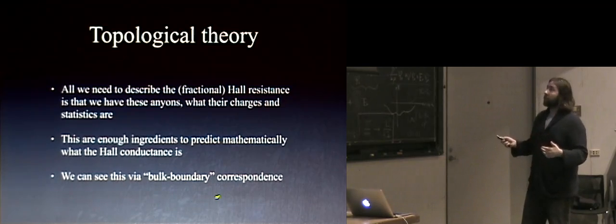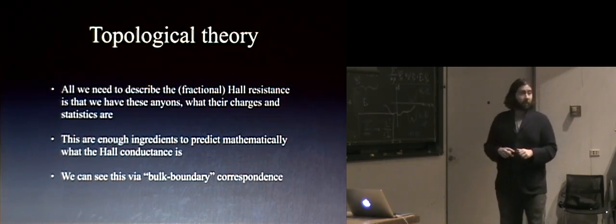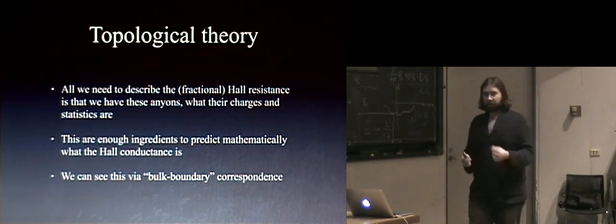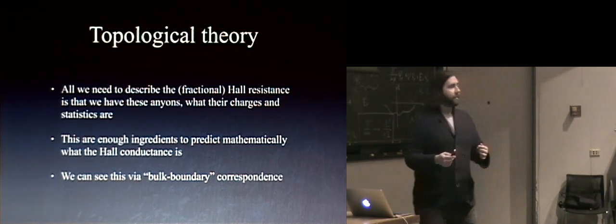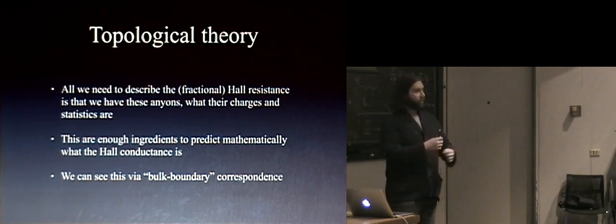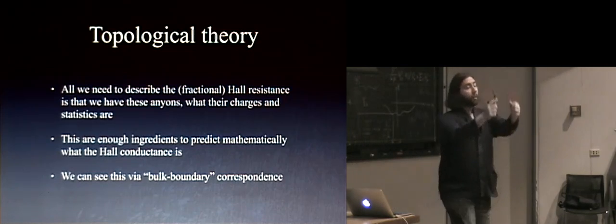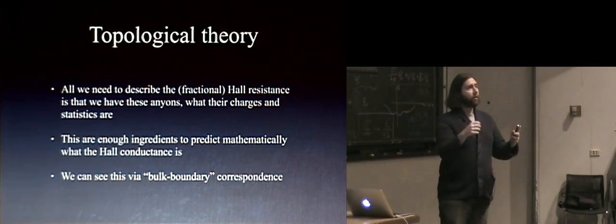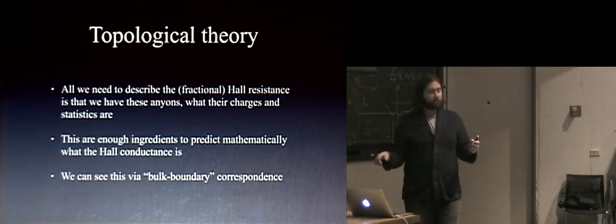One way is something called the bulk boundary correspondence. In the bulk, I have this topological theory where I have to keep track of these funny anionic particles that have strange charges and strange statistics. And those bulk topological defects, if I have a system with a boundary, turn into the boundary currents that flow.